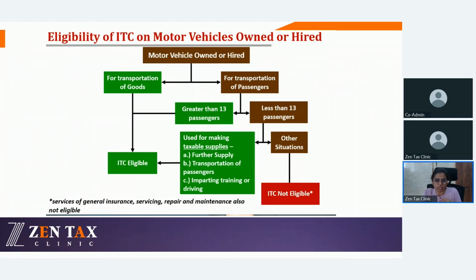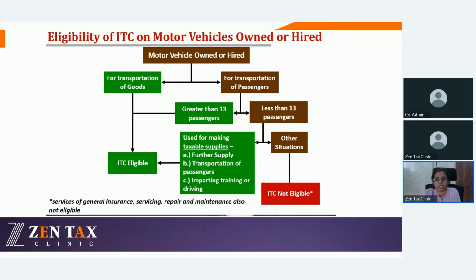For transportation of passengers, we can again split it into two, as prescribed under the section, the number of passengers being 13. If the passengers are more than 13, then ITC is eligible. But if the seating capacity of your motor vehicle is less than 13, then in such situations ITC is not eligible, it is blocked.